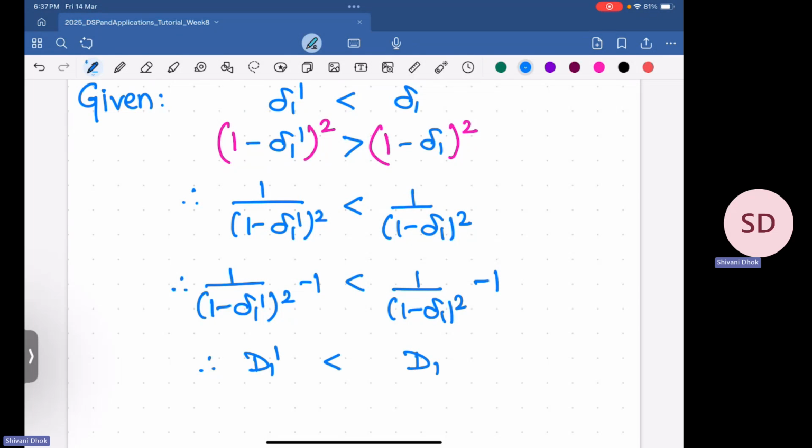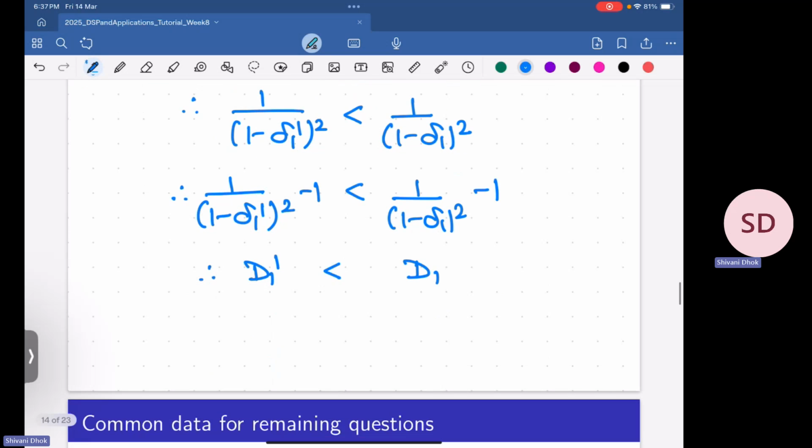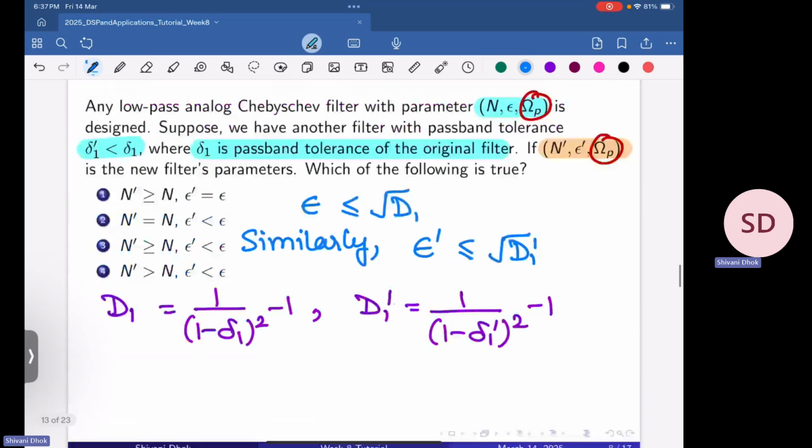Is it clear till this point? And in a similar fashion, we have under root of d1 prime less than under root of d1. Now this epsilon is less than or equal to under root of d1 and this epsilon prime is less than or equal to under root of d1 prime.